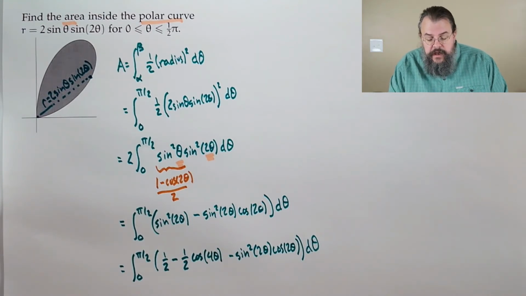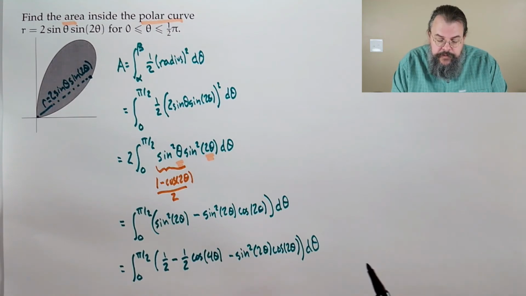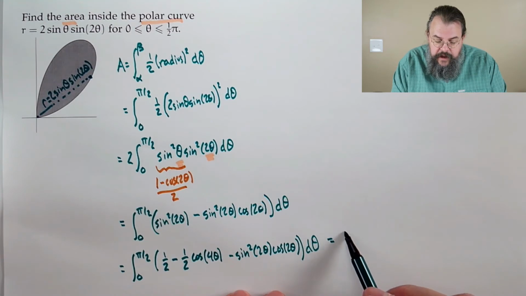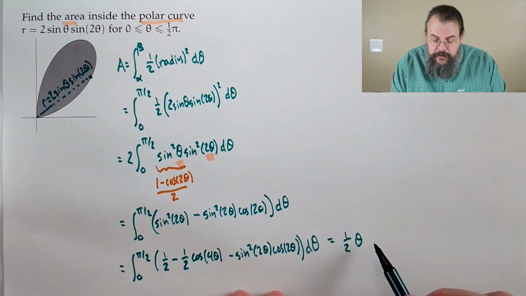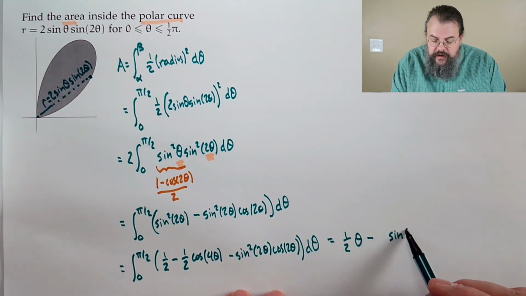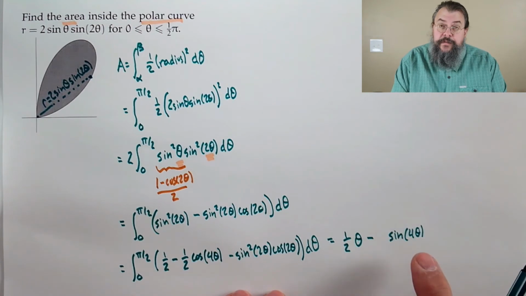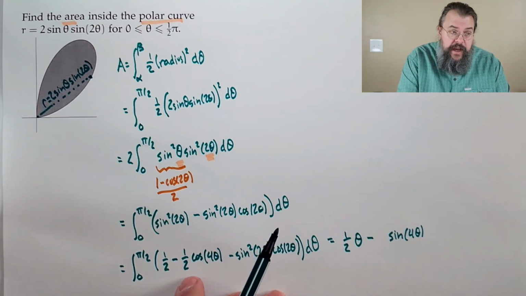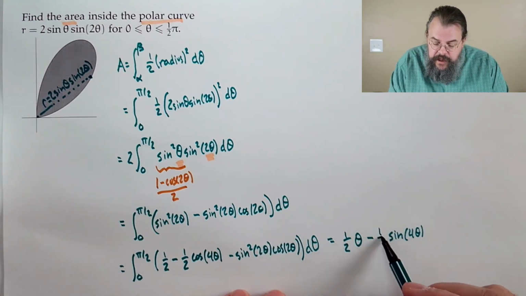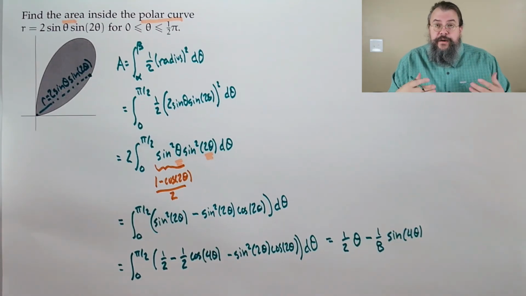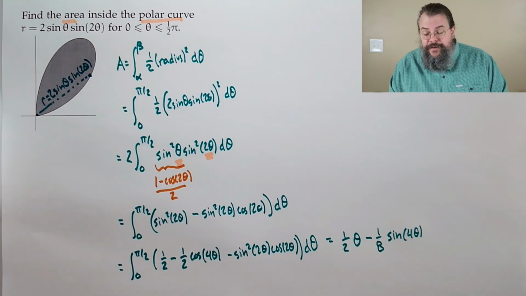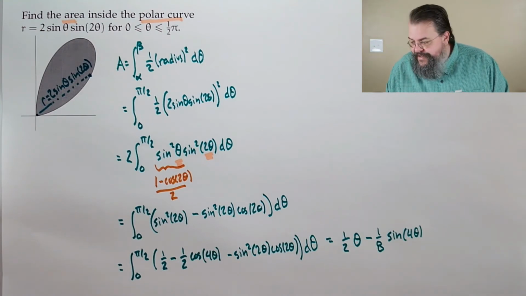We were going to get the integral of 1/2, that's 1/2 theta. Integral of cosine is sine, so if we don't change the minus, it's still a minus. So it's sine of 4 theta. We need to divide by 4. There already was 1/2, so that makes 1/8. Now here, for sine squared, substitution. u equals sine, not sine squared.